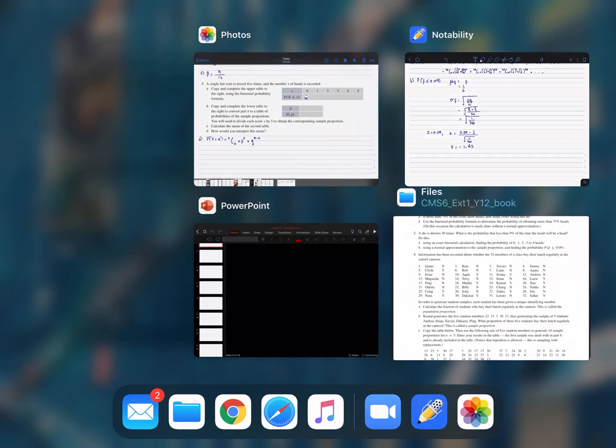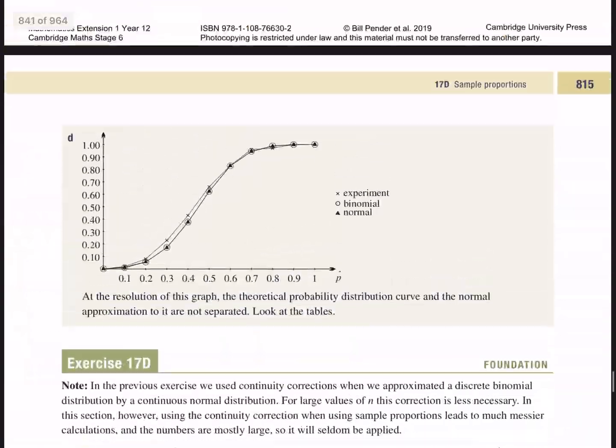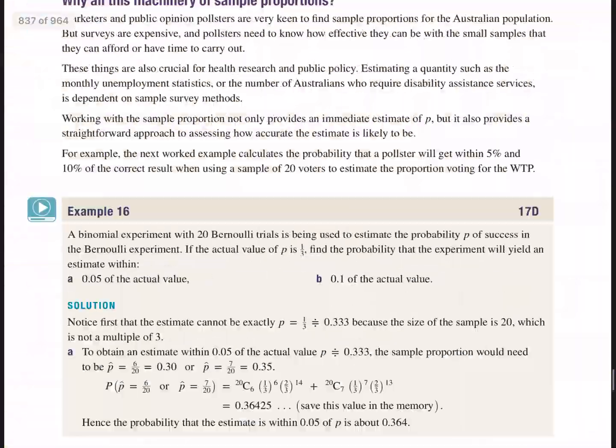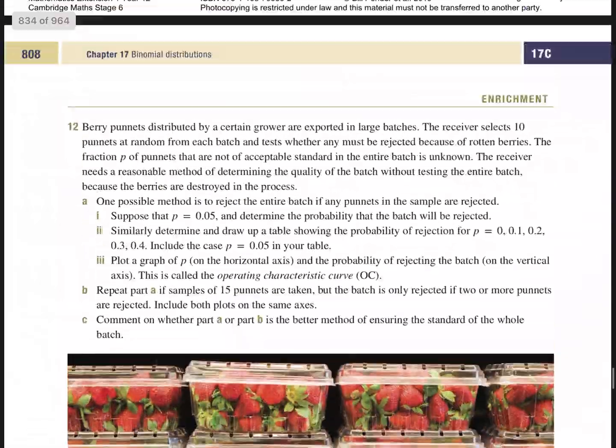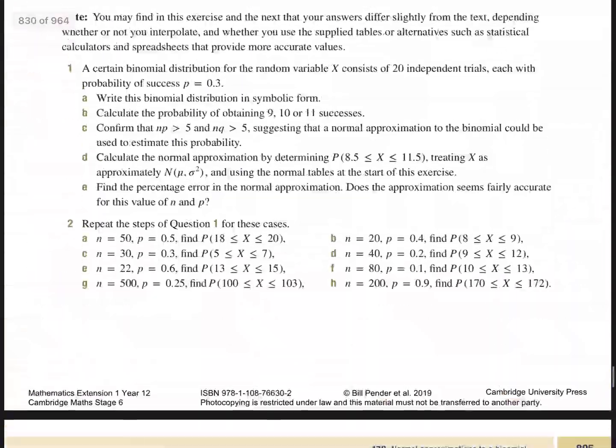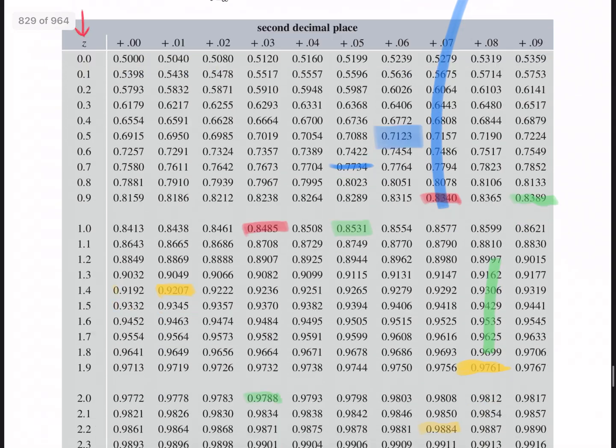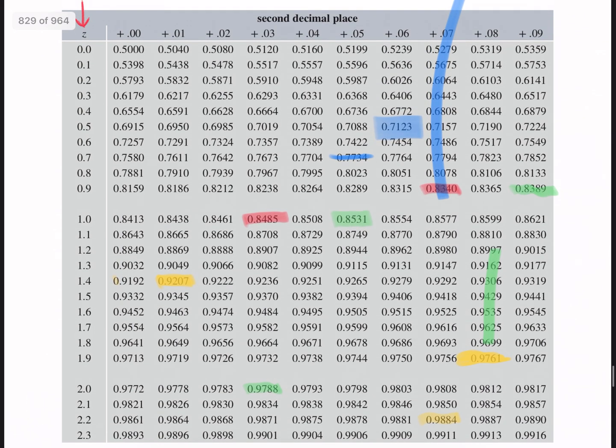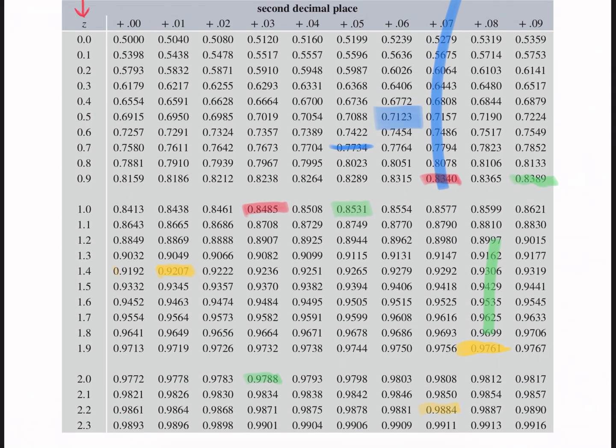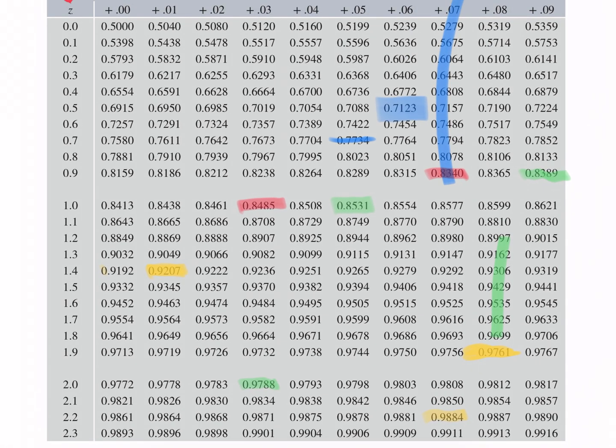All right, let's have a look. Z-scores. Where's that table? And we wanted 1.45. 0.9265.